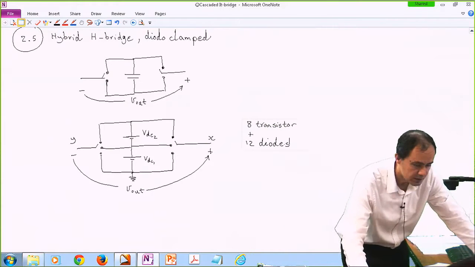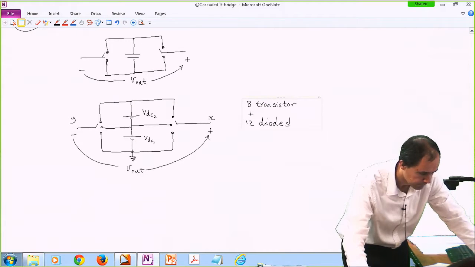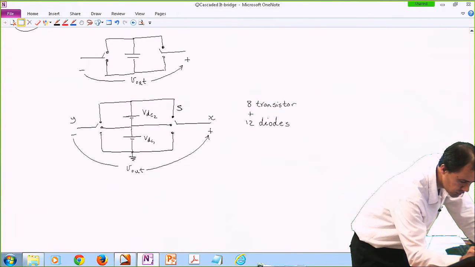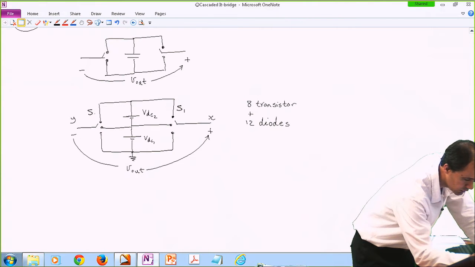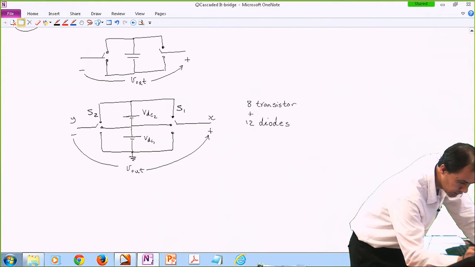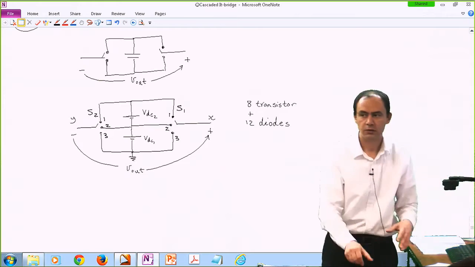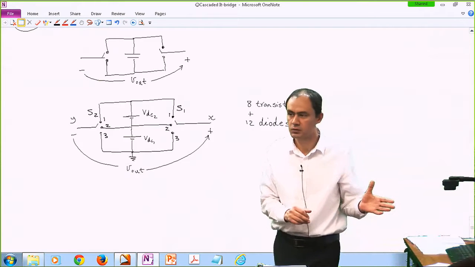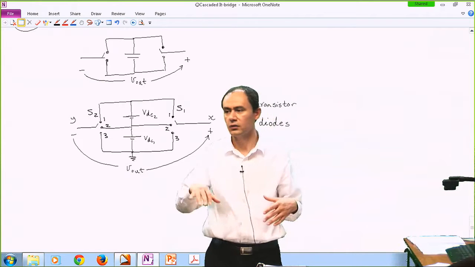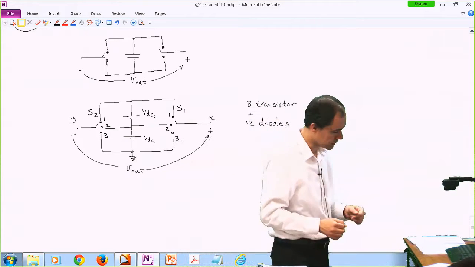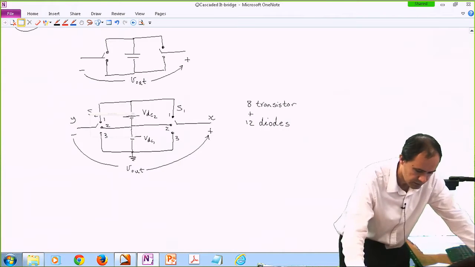So I'm going to create a table here. And I'm going to label these to be, okay, I'm going to call this switch S1, switch S2. S1 could be in the first, second, or third position, and S2 could be in the first, second, or third position. So we have 3 possibilities on the left, 3 possibilities on the right. We have a total of 9 basically possible states.